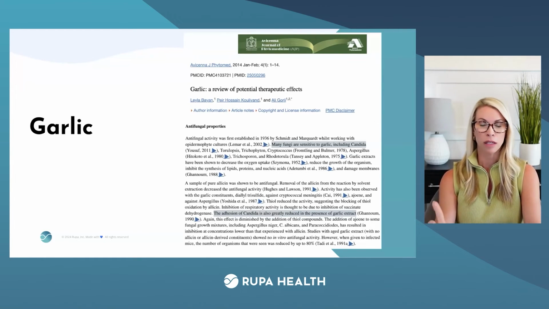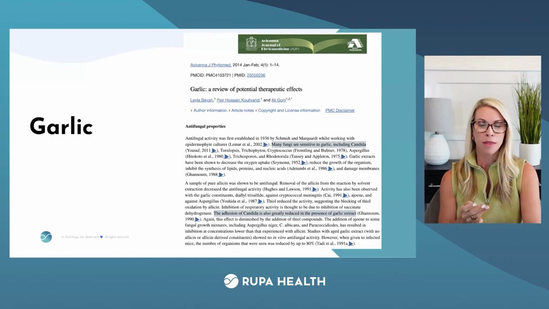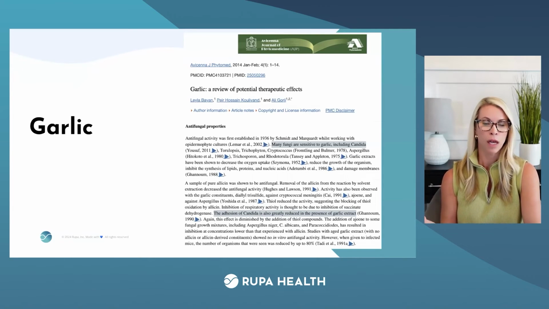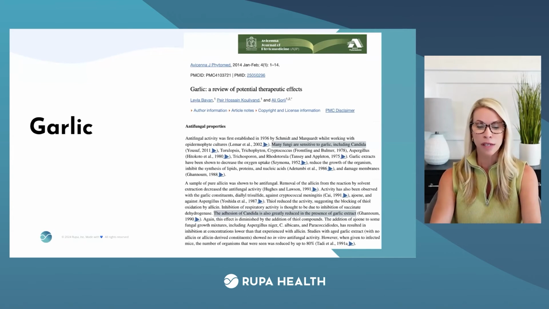Allicin, however, is highly unstable and it can degrade very quickly. If it's fresh garlic, it needs to be consumed pretty quickly. And if you're using it in a supplement, then you want to make sure, of course, that it's a good, high quality, stable supplement so that you're getting the most benefit from that. But again, this article looks specifically at all of the benefits of garlic, including the antifungal properties.